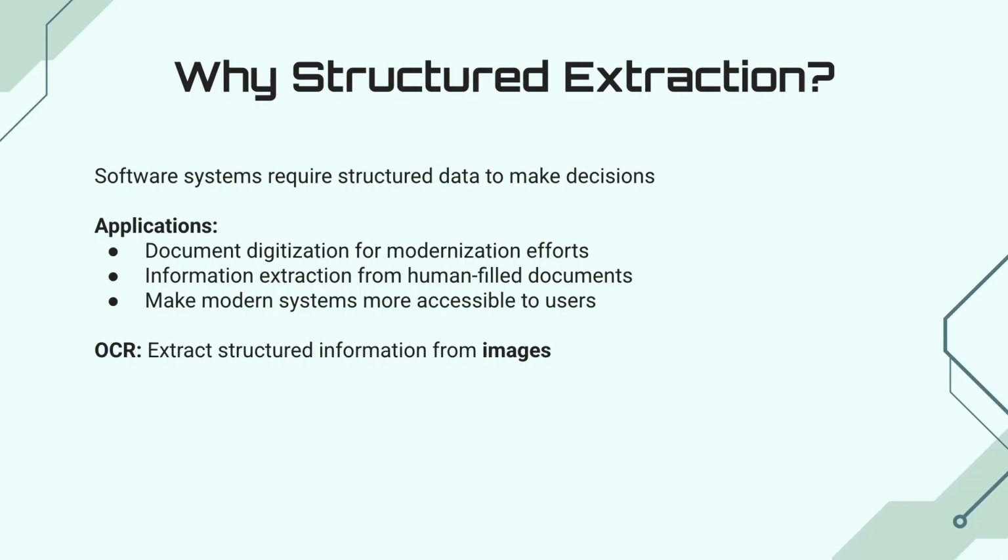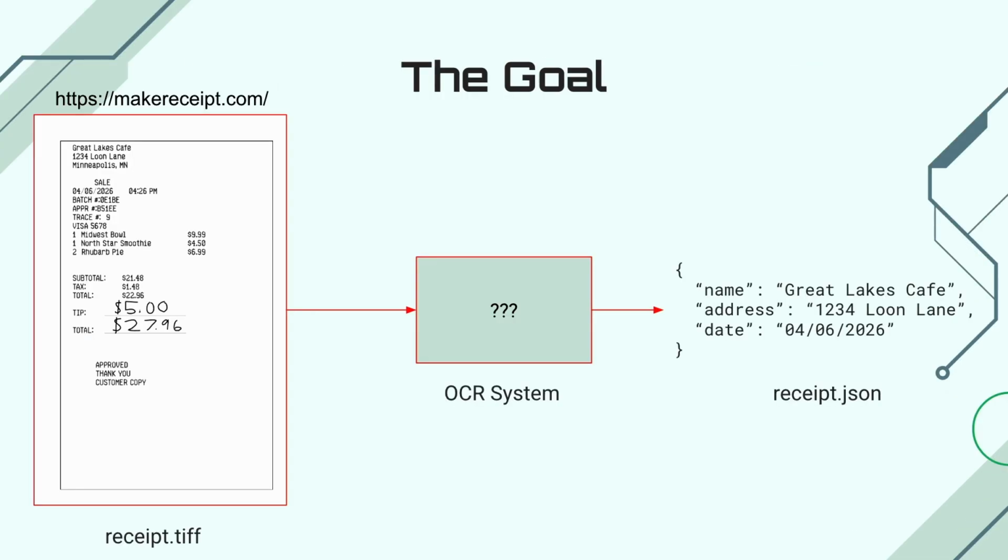Information extraction from human-filled documents: if you have humans filling out forms, even if they're digitally filled out, sometimes they're images, and you just need to turn those into things that you can actually run through a system, and making modern systems more accessible to all kinds of users.